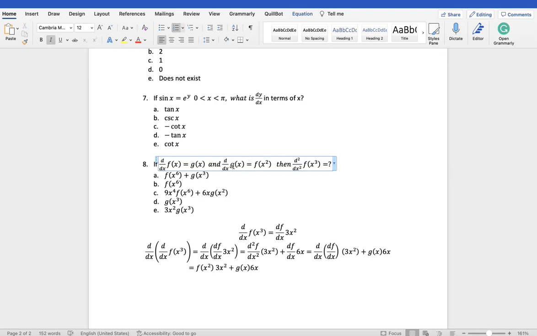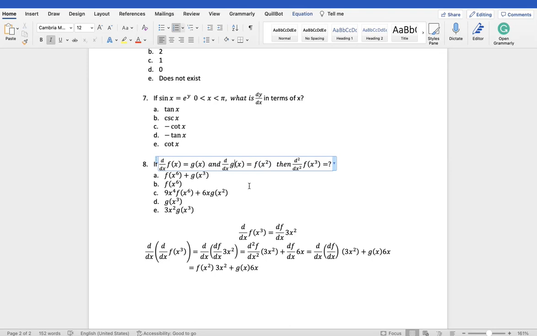So if originally g of x was a function in x cubed, and then you took the derivative of it, then it would become a function in x squared.